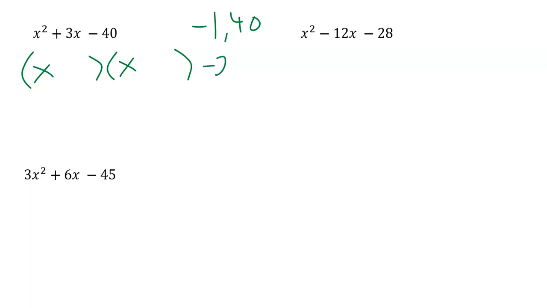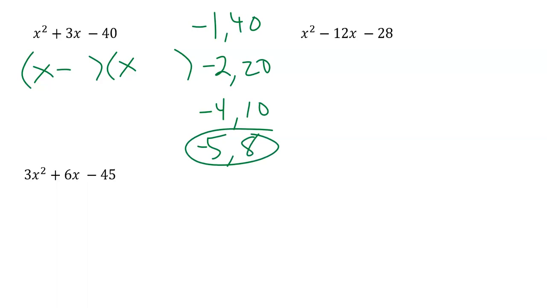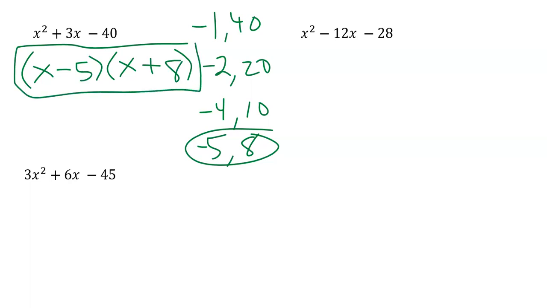It's not that one. -2 plus 20 would give us 18. -4 plus 10 would give us 6. -5 plus 8, that one would give us +3, so that's our selection. So we have x minus 5, x plus 8. Again, if you want to check that, just multiply those back together, and it should give you x squared plus 3x minus 40.